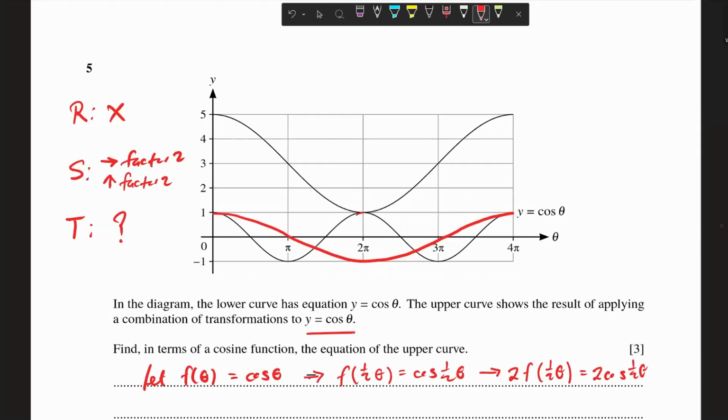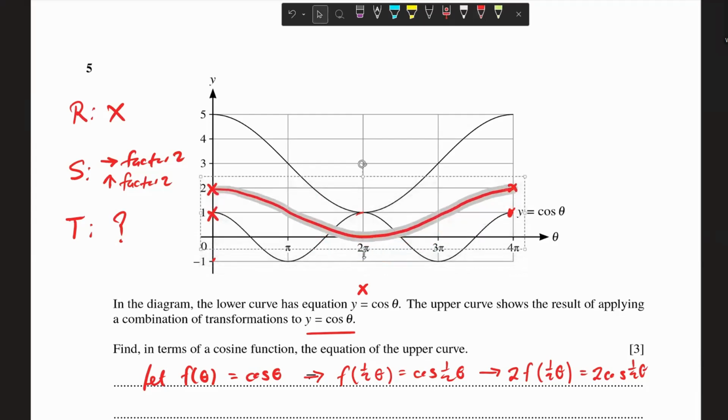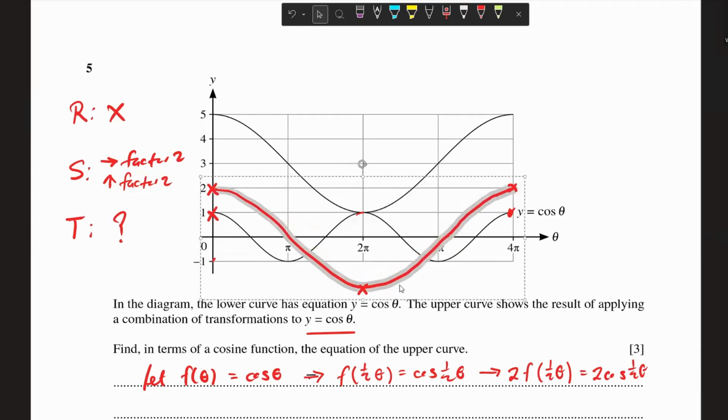If I pick a point like this one, after being stretched vertically by a factor of 2, 1 becomes 2, and negative 1 times 2 becomes negative 2. So it goes down somewhere here. This point is at 1, but after the stretch it will be at 2. So the stretched graph will now be more like this, after these two transformations.